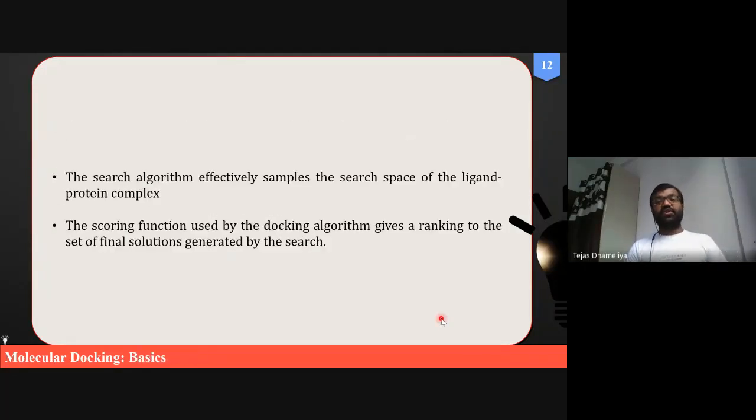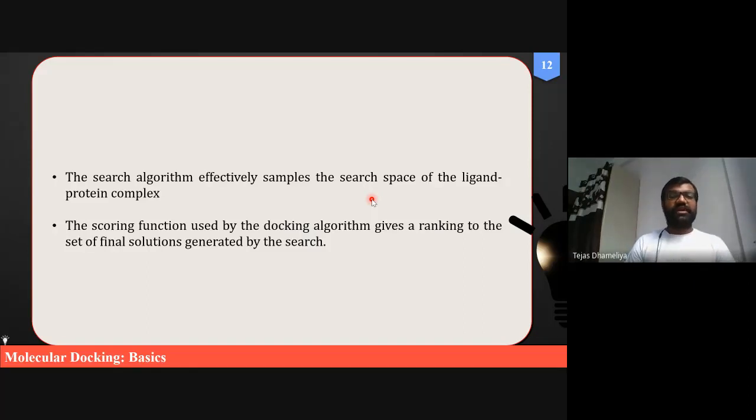Okay, the search algorithm is also necessary for effectively identifying the search space of a ligand-protein complex. Each and every software is either freely available or commercially available. Commercially available means that if you want to work with that software, you will have to pay money, and this may be in euros, US dollars or pounds, depending upon the organization or the software.